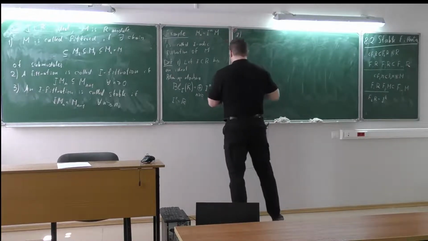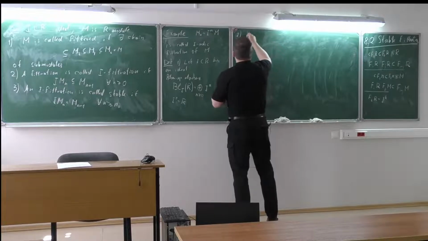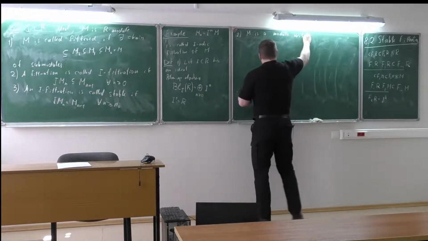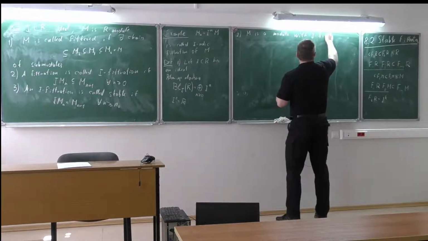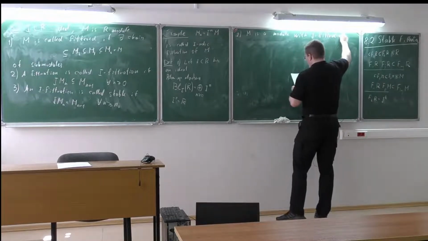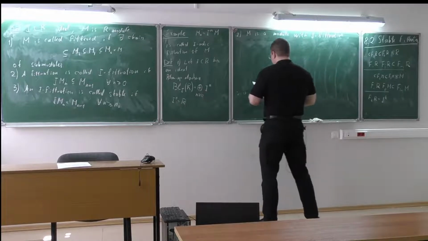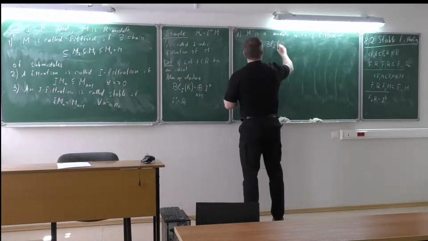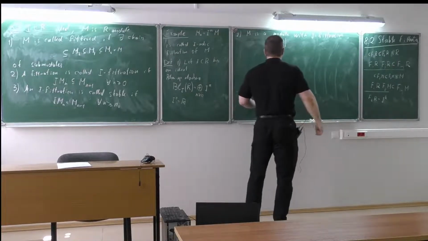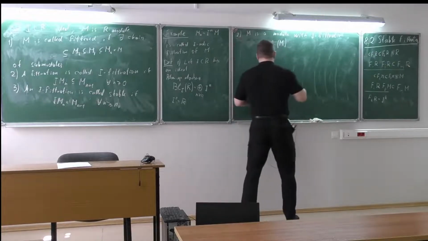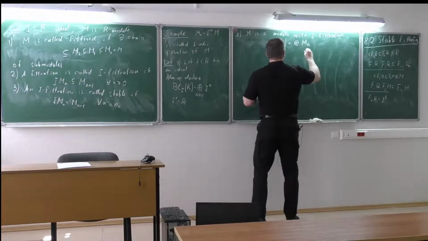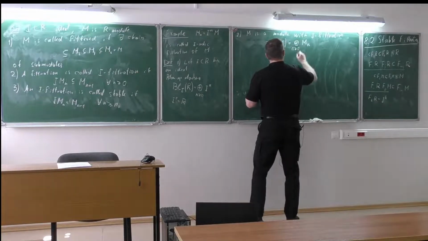And the second part of the definition. So M is a module with an I-filtration, and then we can define the blow-up module, but I'm not sure that everybody would agree with this terminology, but let's still use this notation: Bl_I(M), the blow-up of M depending on the ideal I. And this will be a direct sum of the M_n, where n is greater or equal than 0.